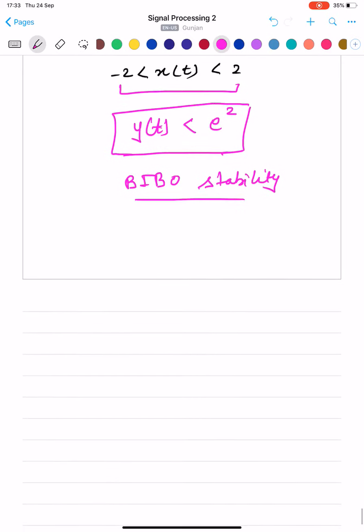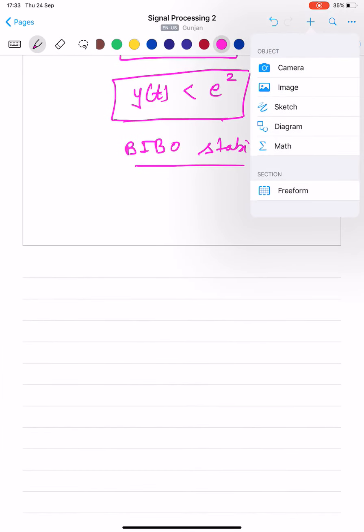Now another example: if you remember, there is a string to which a ball is attached, and you start moving it in one direction. The ball will come to this side, then move to the other side, and then come back again.